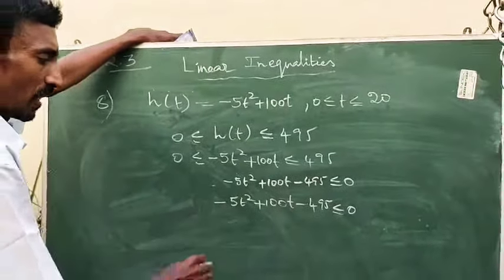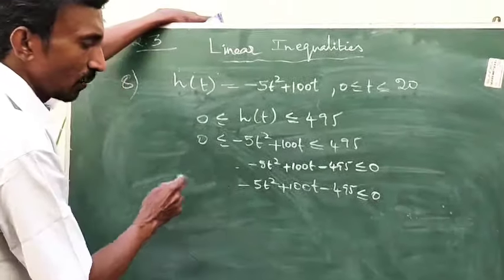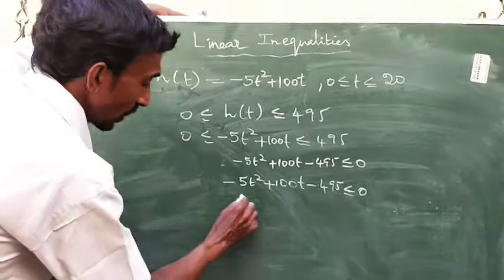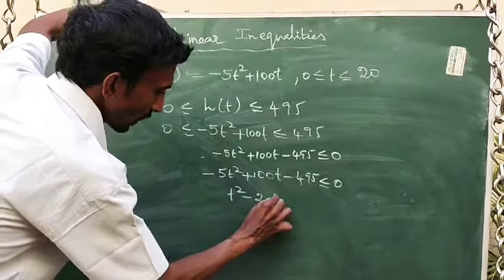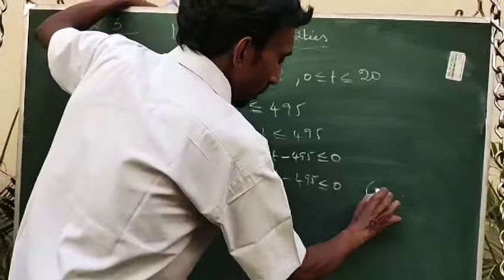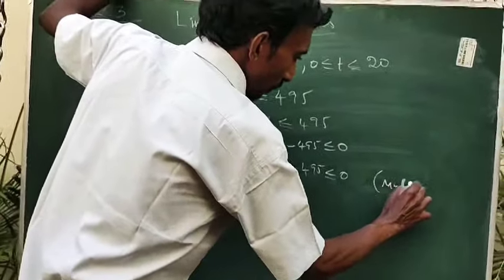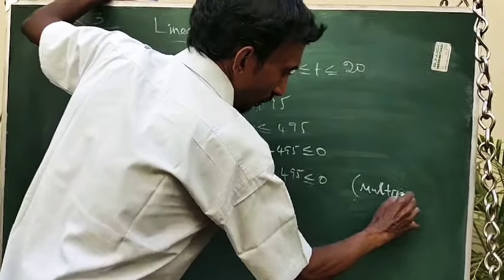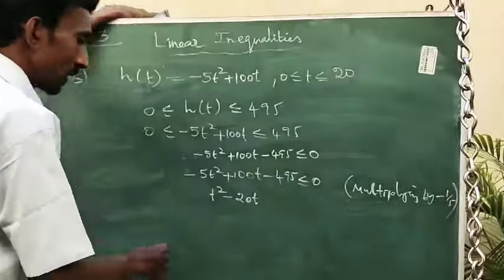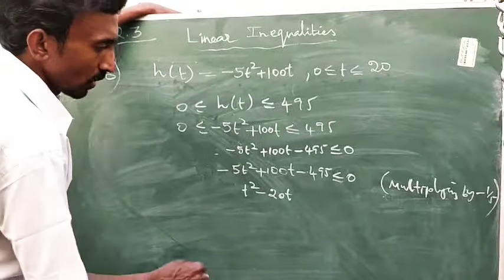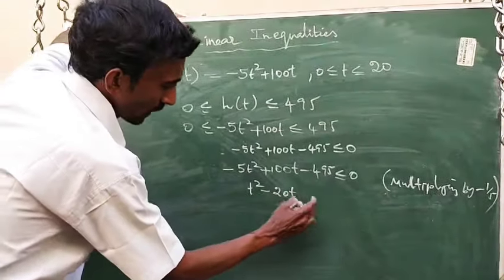So if we multiply by minus 1 by 5, we are getting t square minus 20t. So what is that?